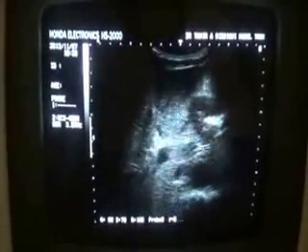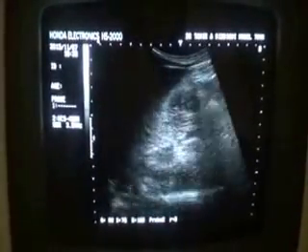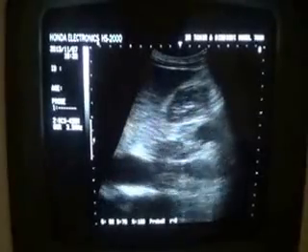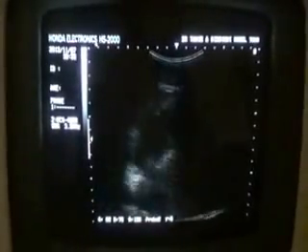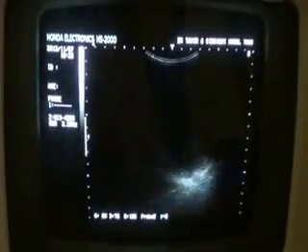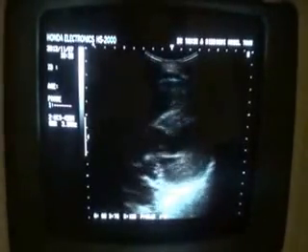So this is a case of bilateral grade 2 renal parenchymal changes with ascites, pleural effusion, and cardiomyopathy.